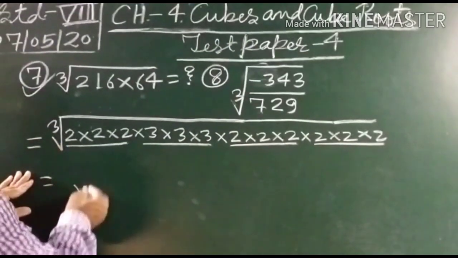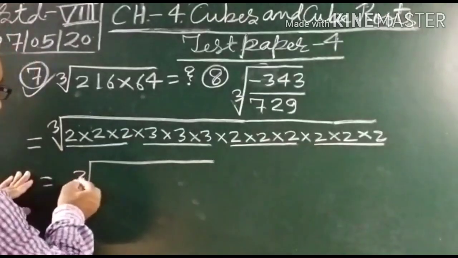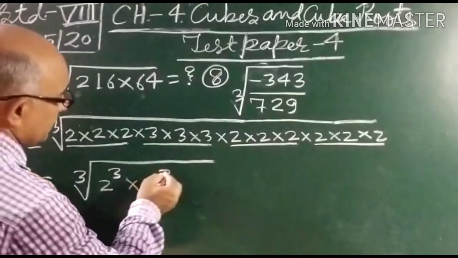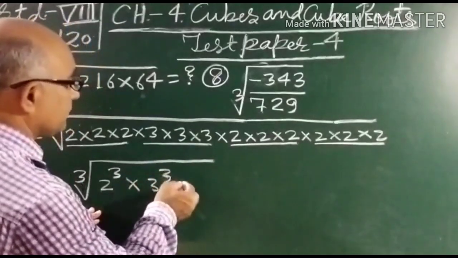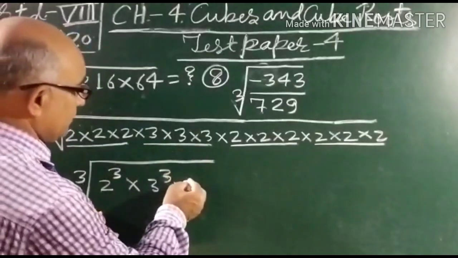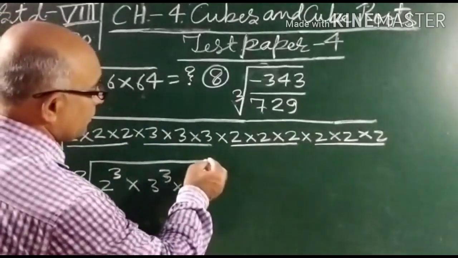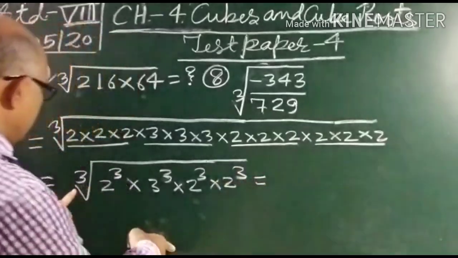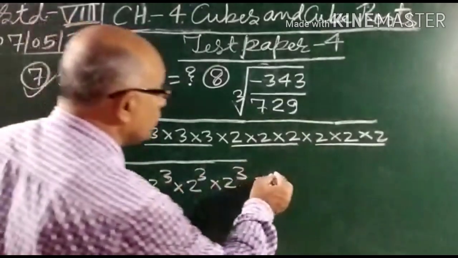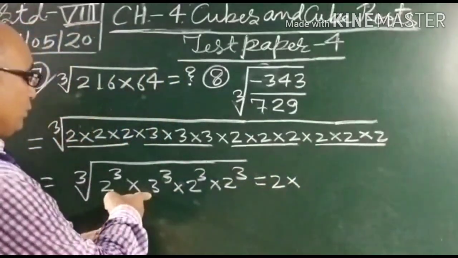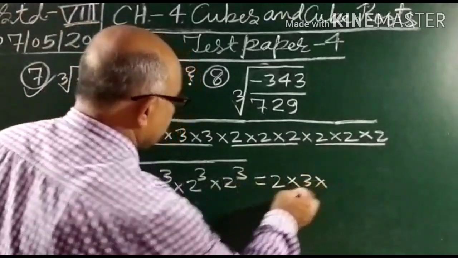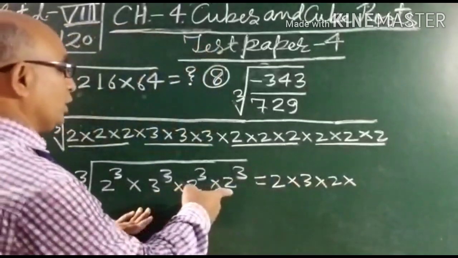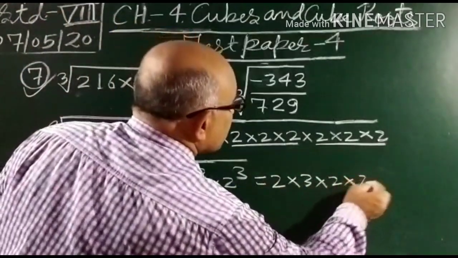Equal to cube root of 2 cube into 3 cube, 2 cube into 3 cube, again 2 cube into 2 cube, equal to the cube root of 2 cube is 2, the cube root of 3 cube is 3, into the cube root of 2 cube is 2, into the cube root of 2 cube is 2.